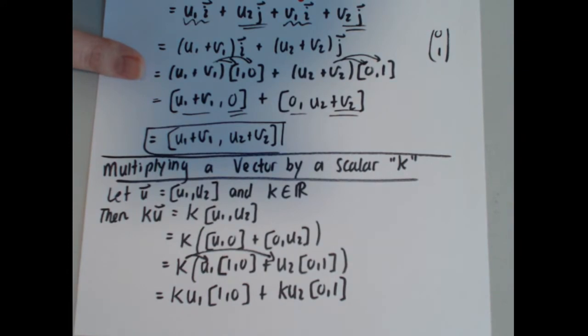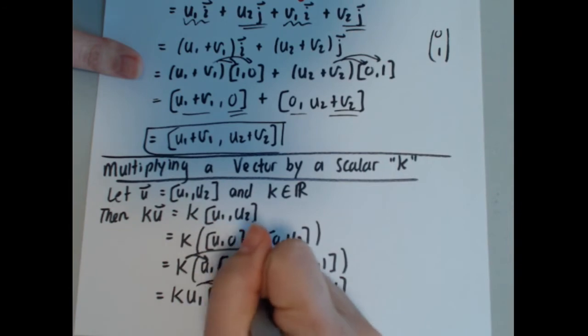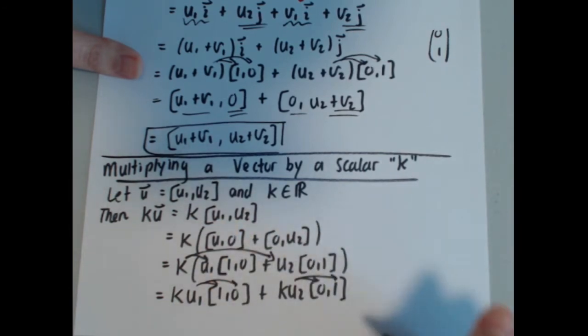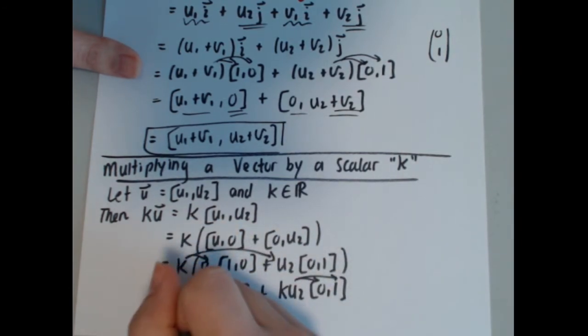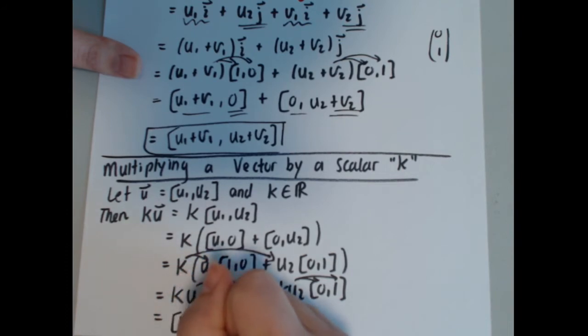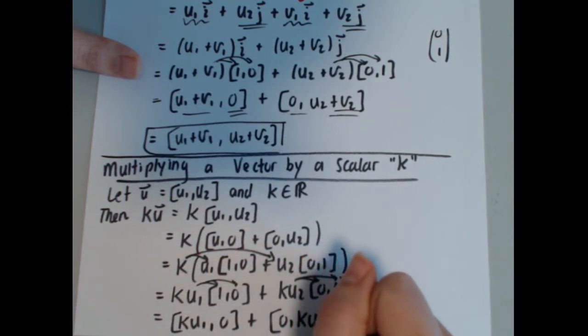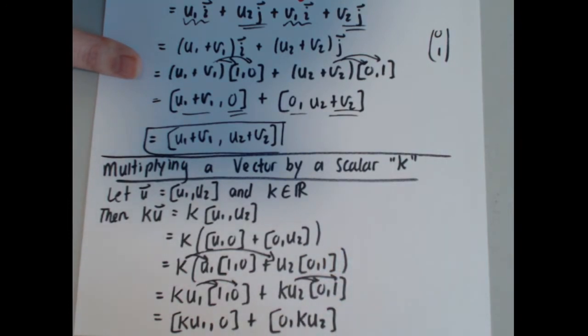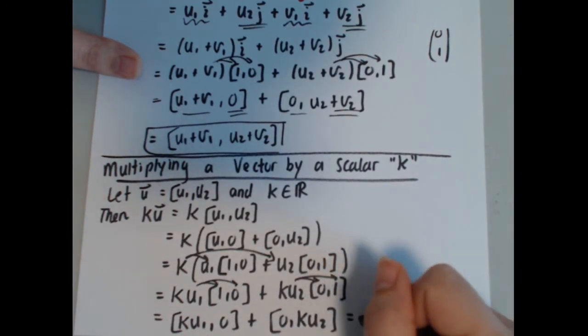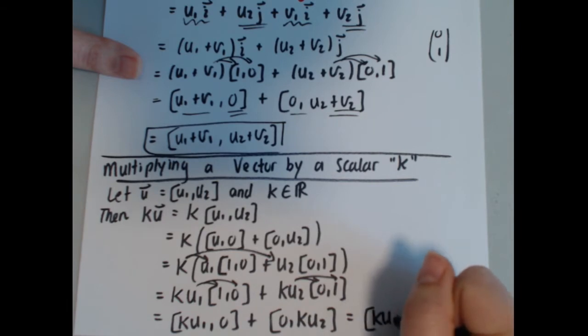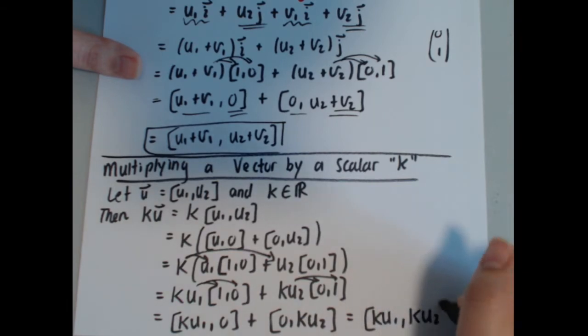And finally, I'm going to take that scalar number, that value, and I'm going to multiply it to each piece inside of the vector. Okay, so that means I'm getting ku1 comma 0 plus 0 comma ku2. And finally, adding the x and y pieces together, this is going to be ku1 comma ku2.